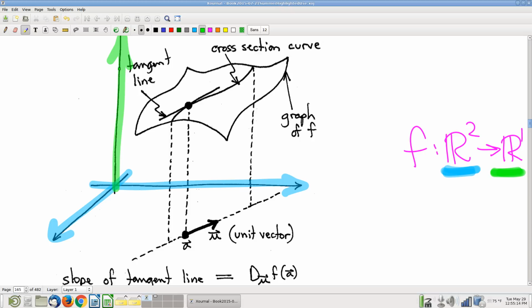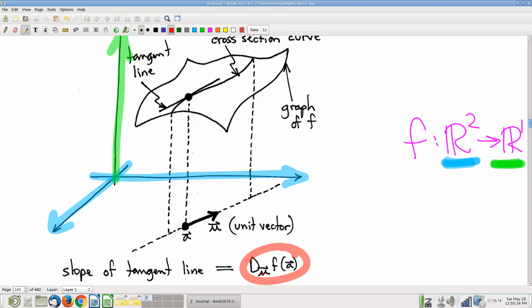So we have this surface, and we ask the question, what does this thing mean, unit directional derivative? Well, don't forget, this A represents a point in the domain. U represents a unit vector giving you a direction from A in the domain. All of this stuff here is in the domain.